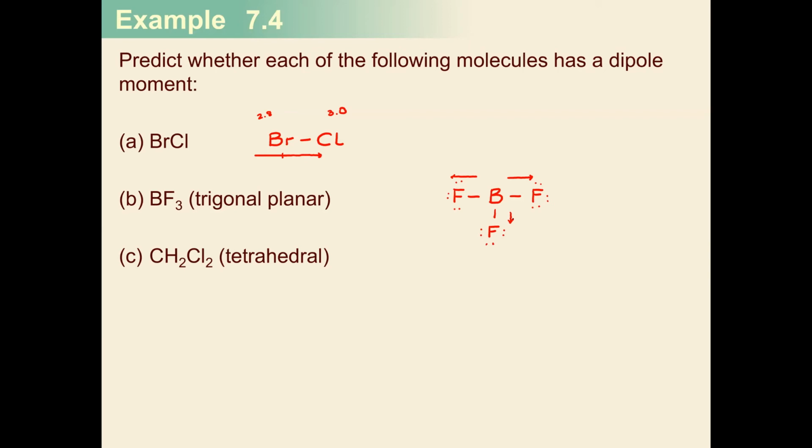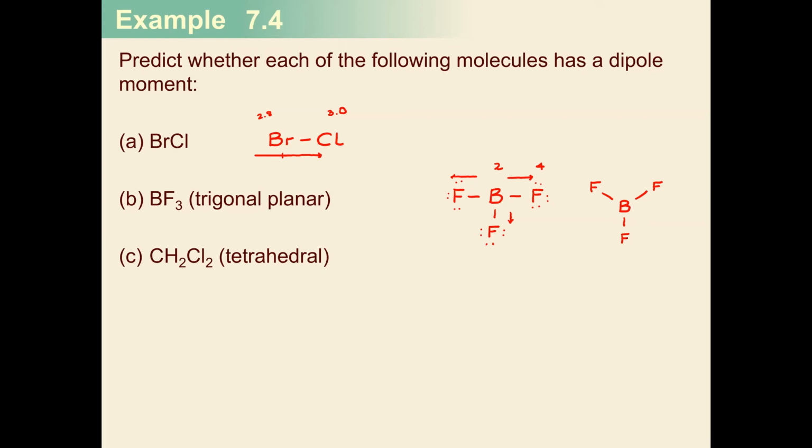So the boron-fluorine bond, while boron has an electronegativity of 2 and fluorine is 4, is a highly polar bond, but they would cancel out due to the molecular geometry. A better drawing of this would have our fluorine attached to our boron, and now you would see that the resulting vector math would end up canceling out, and we would end up with a nonpolar molecule.